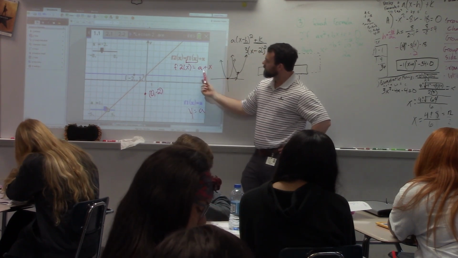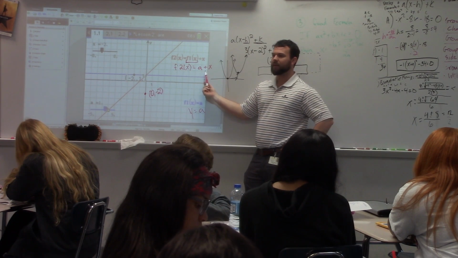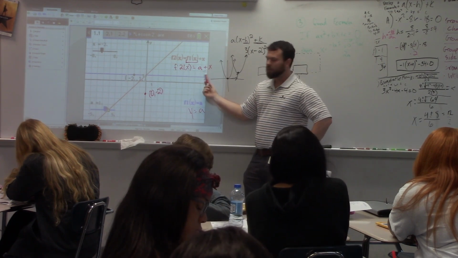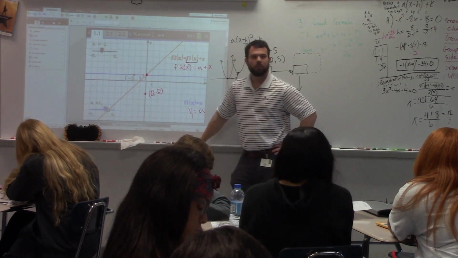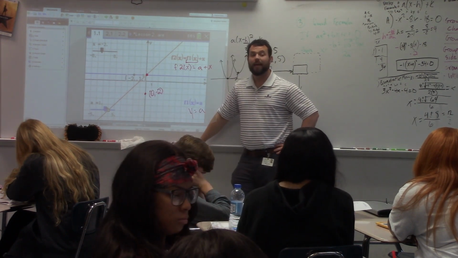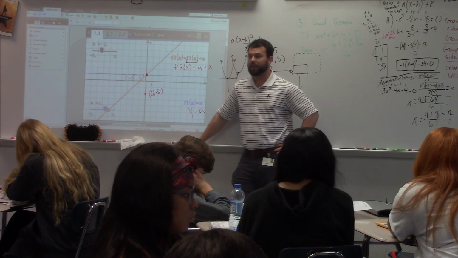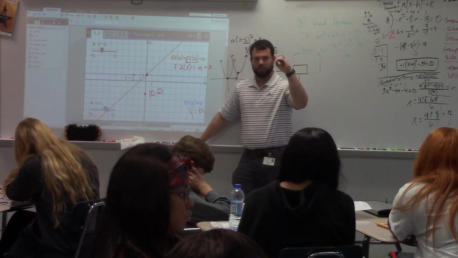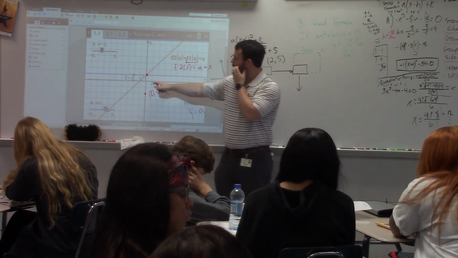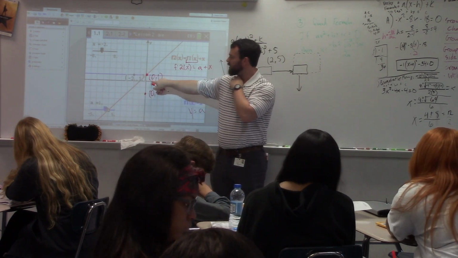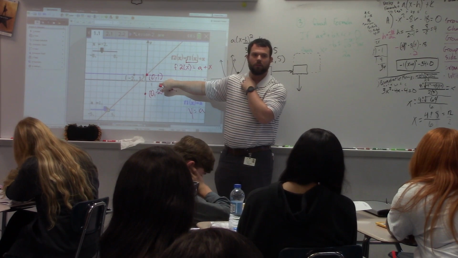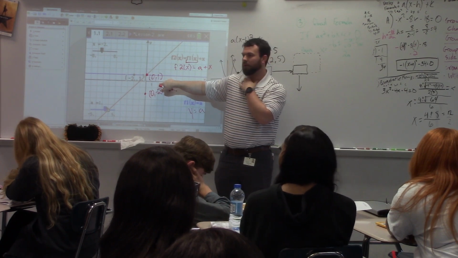So literally I'm taking the a value and adding what to it? x. Right here, what is the x there? The x value. At the y-intercept, the x value is 0. What do I get if I do 1 plus 0? I get 1. Right?